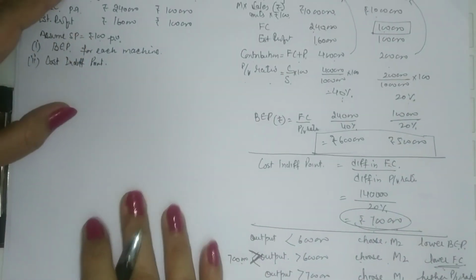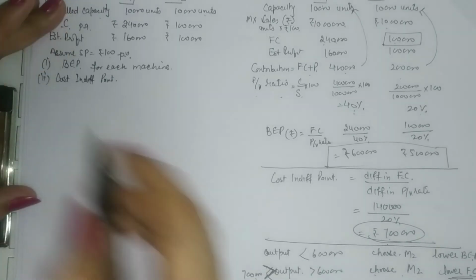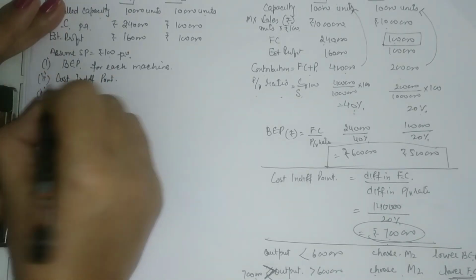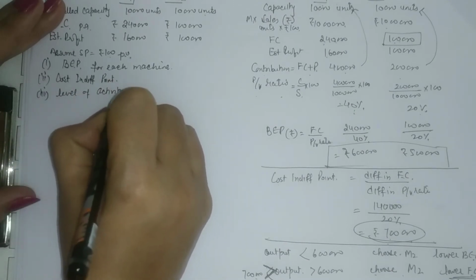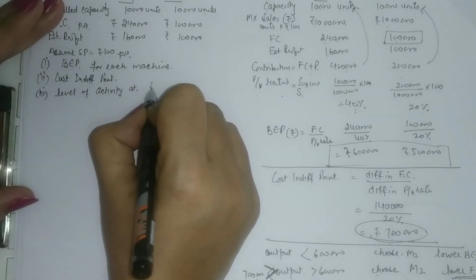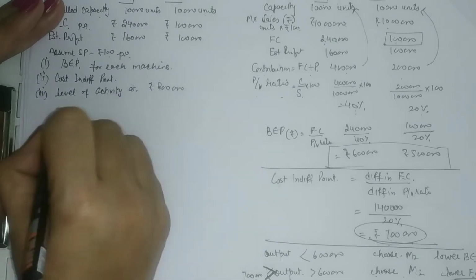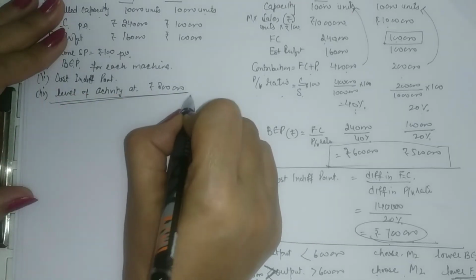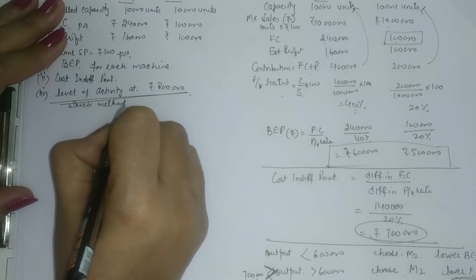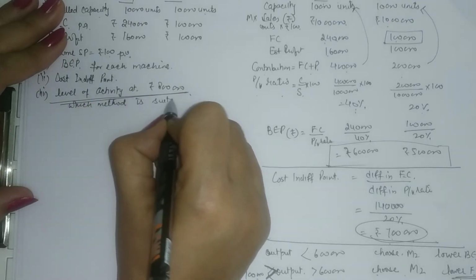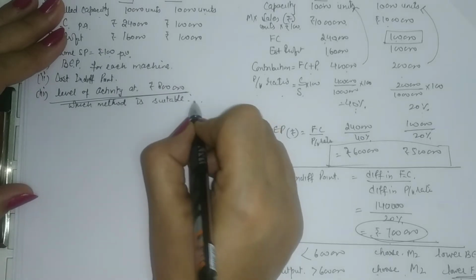You can check the result also. Suppose the level of activity for the next year is budgeted at 8 lakh rupees. Which method is suitable? Show your calculations.